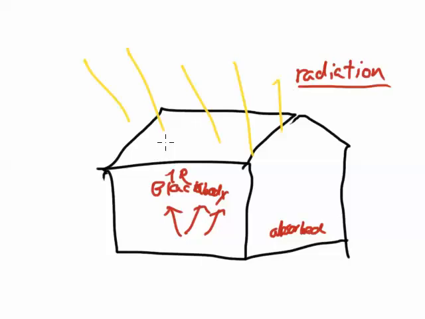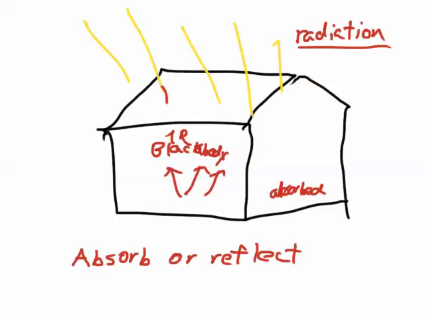And then this surface either absorbs or reflects the infrared blackbody spectrum, I believe. What else could it do? It can absorb or reflect it, or be transparent.